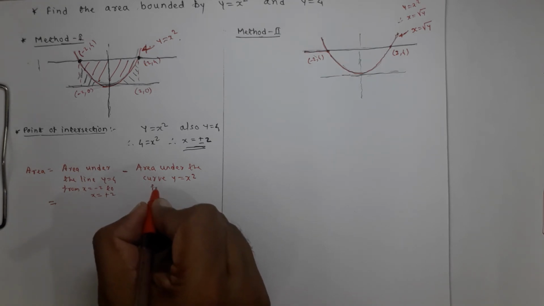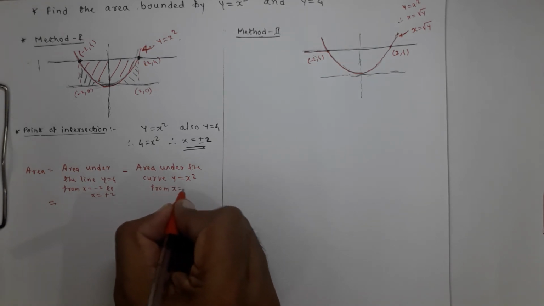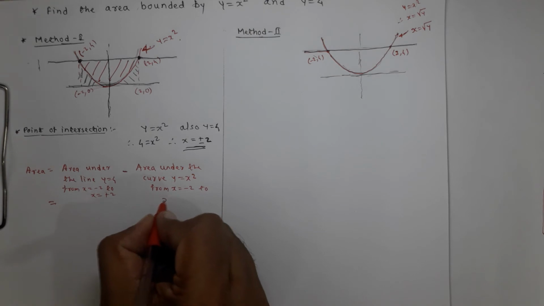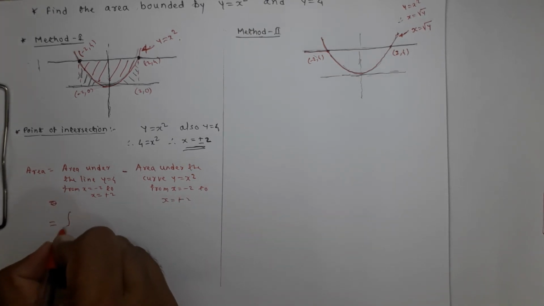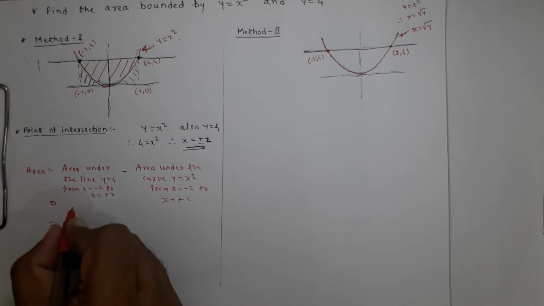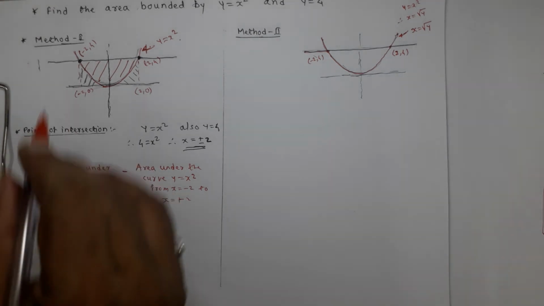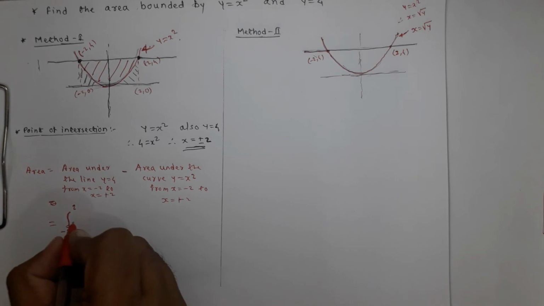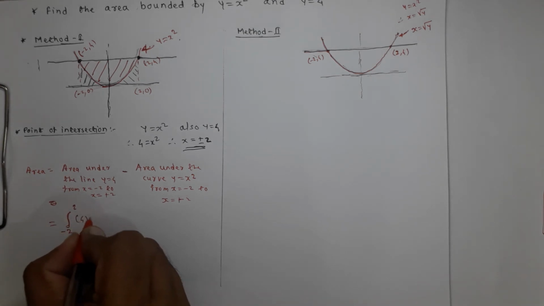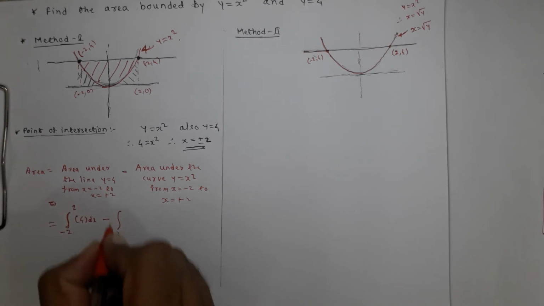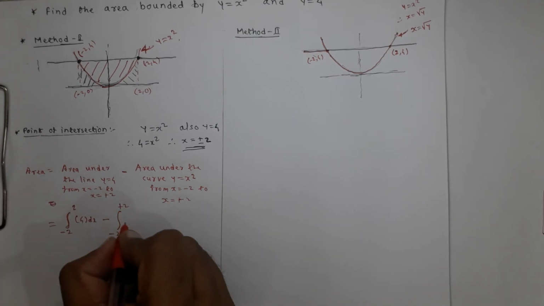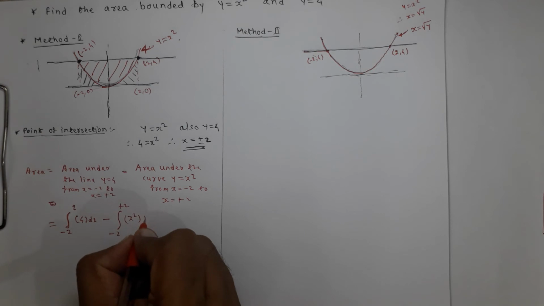Here also from x is equal to minus 2 to x is equal to plus 2, and this will be equal to integration minus 2 to plus 2. Now equation of that line y is equal to 4, so it will be 4 into dx minus integration minus 2 to plus 2 of x square into dx.